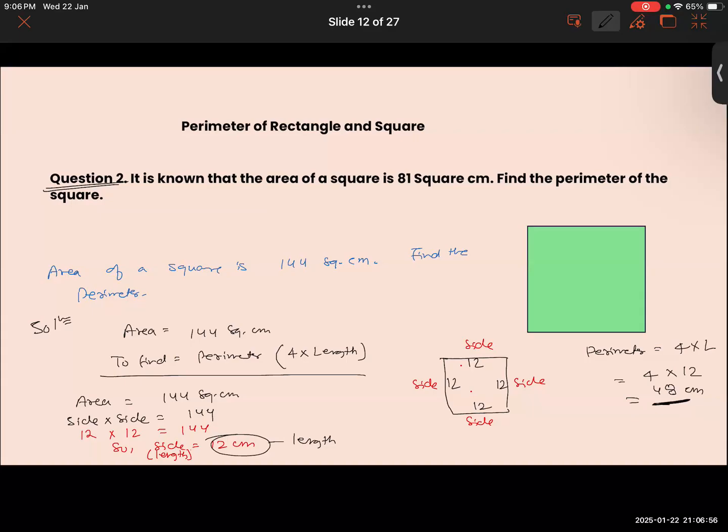Instead of 144, I should take 81. Yeah, exactly.